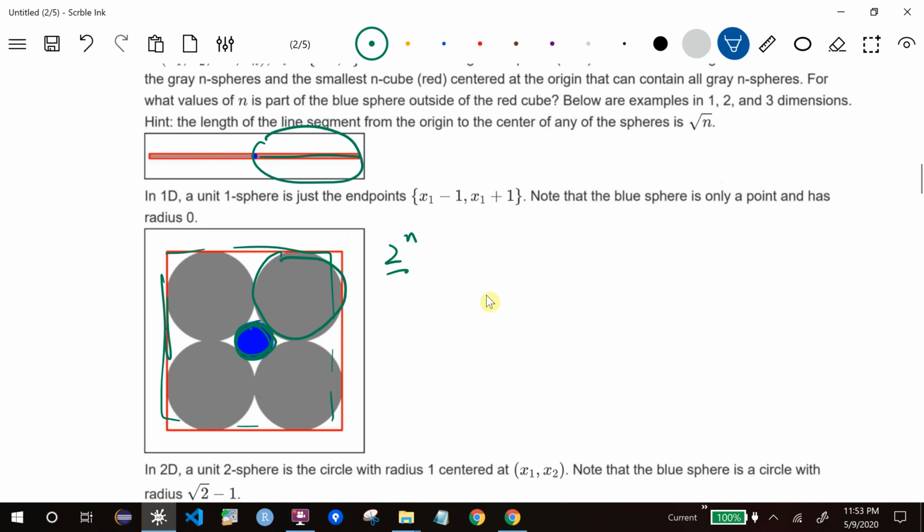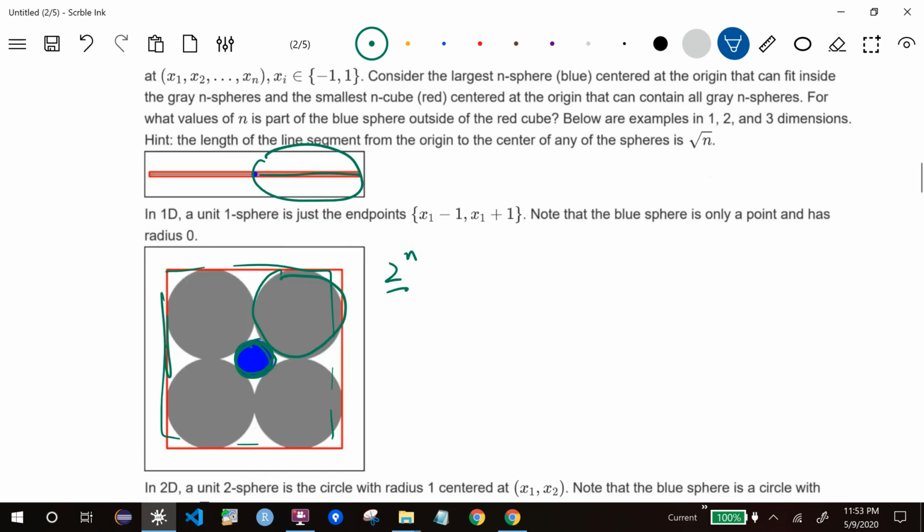So here, suppose we are in 2D, then I think the assumption is the radius here is 1. So this radius is also 1. And so this radius is also 1. So suppose we want to find the distance between the center and the center of this sphere. This is 1, this is 1, so this is square root 2. Right?